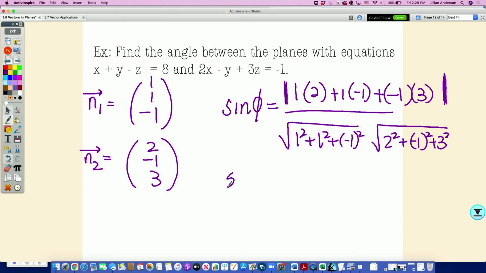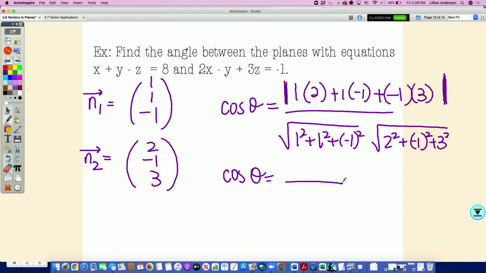So that's going to be sine phi equals, oh, it's not sine, my mistake. I am entirely wrong, because this is between two planes, not a plane and a line. Sorry, the transition out of class and the hecticness threw me off, so I do apologize.